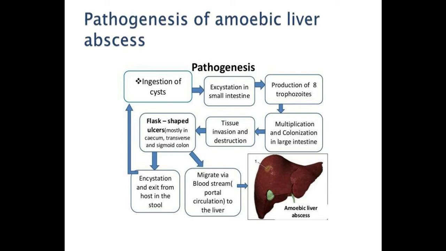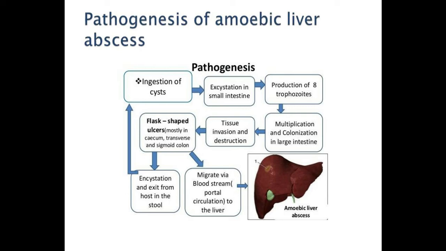After that, it can cause tissue invasion and destruction. They are then responsible for flask-shaped ulcers, mostly in the cecum, transverse and sigmoid colon. And then we have encystation and exit from the host in the stool, or they can migrate through the portal vein and then spread to the peripheries.